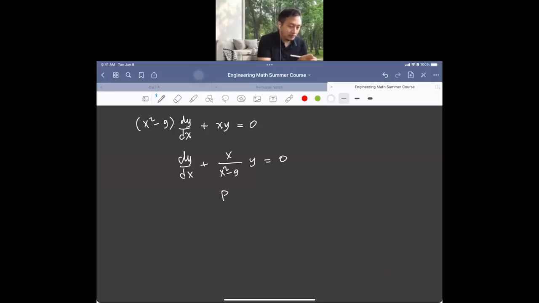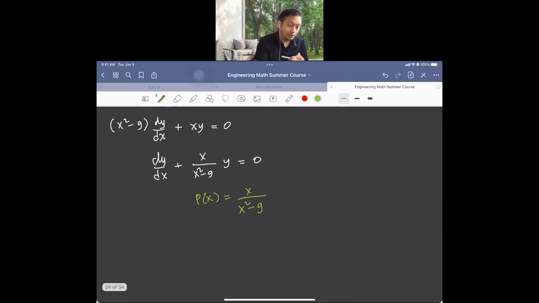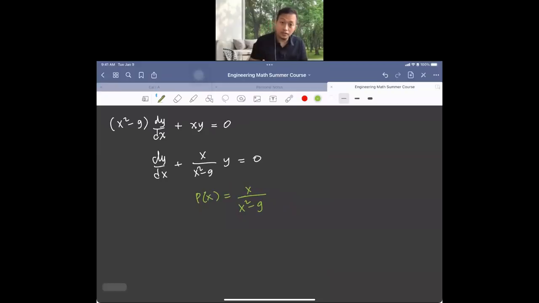So this is homogeneous, so f(x) is 0. So we can define just P(x), that is x over x squared minus 9. And also, because we learned about singular points, we need to make sure that this interval can be observed in our computations. Okay? So P is continuous.